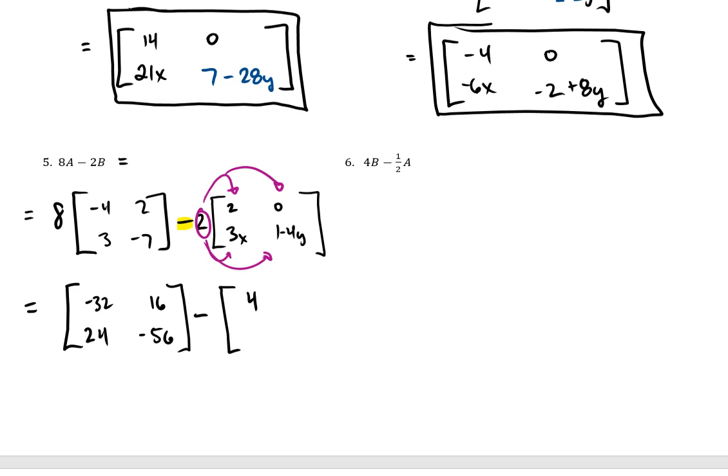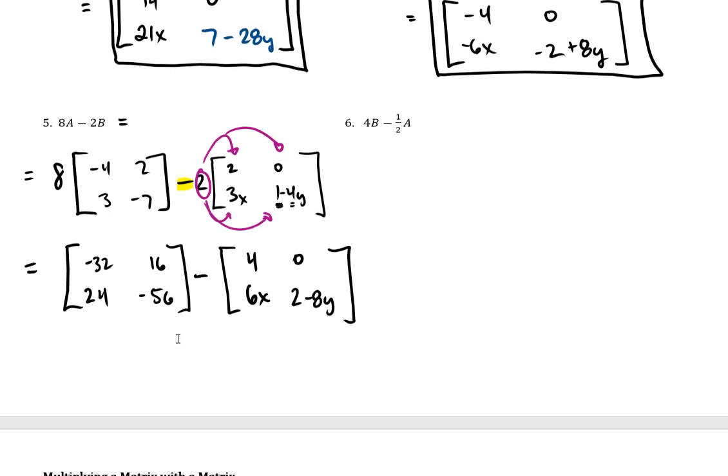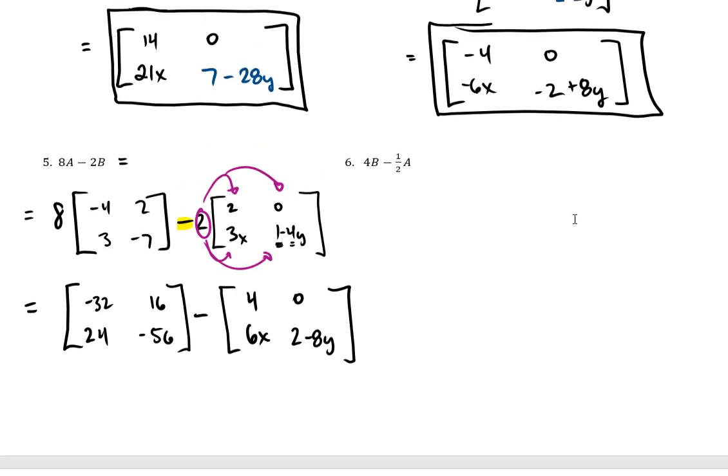So positive 2 multiplies, and we have 2 times 2 is 4, 2 times 0 is 0, 2 times 3x is 6x, and then 2 times 1 minus 4y, remember, just multiply each of those, and we would have 2 minus 8y. There we go.